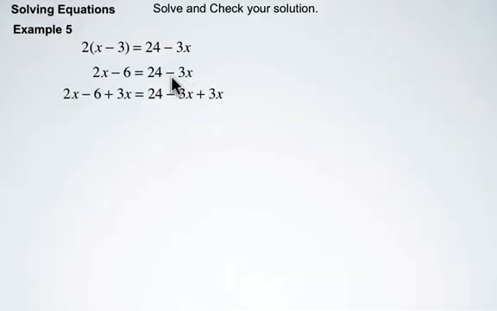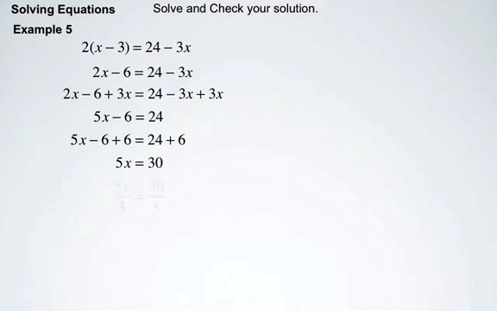Now I'm going to deal with the subtract 3x on the right-hand side by adding 3x to both sides. 2x plus 3x is 5x, and I have my negative 6. 24 is all I'm left with on the right-hand side. Add 6 to both sides to deal with the subtract 6, and we get 5x is equal to 30. Divide by 5, and our final solution is x equal to 6, and we're going to check it.